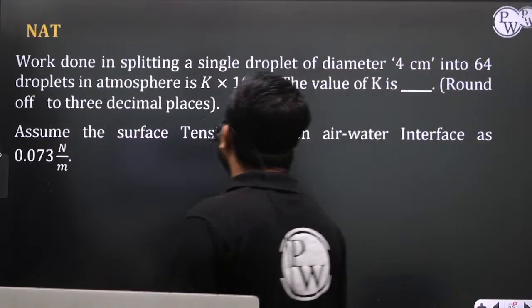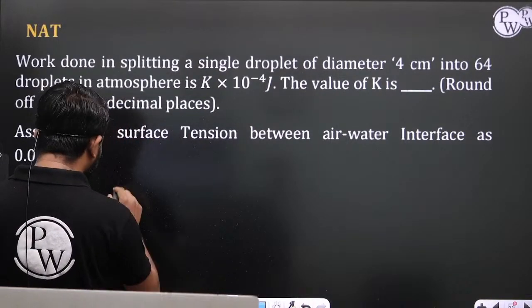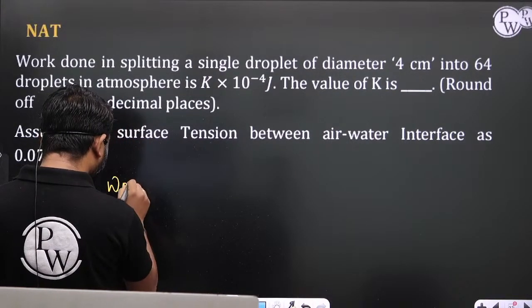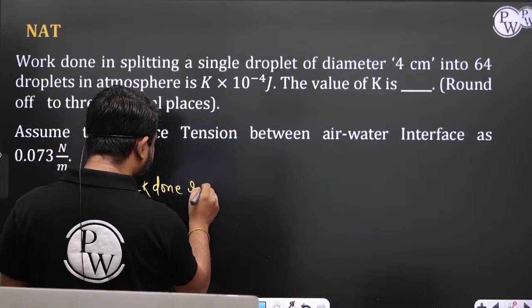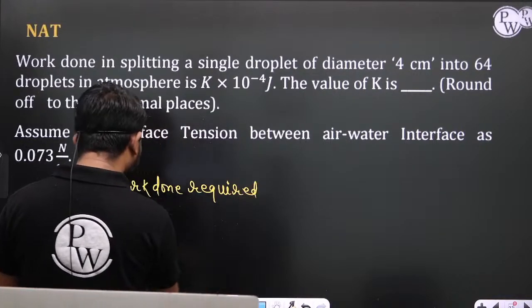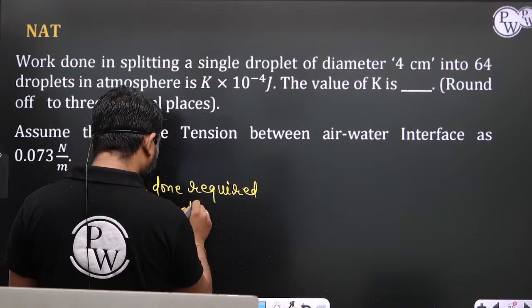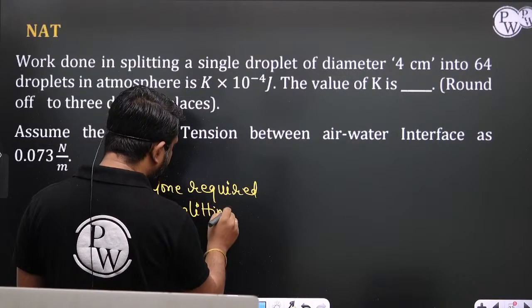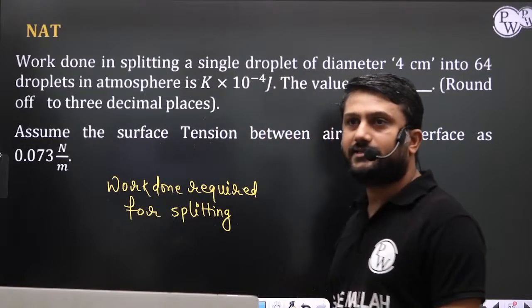So what is the work done required for splitting a bigger droplet into n number of smaller droplets?